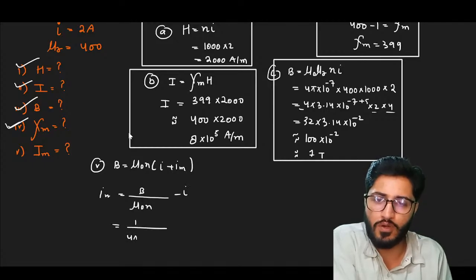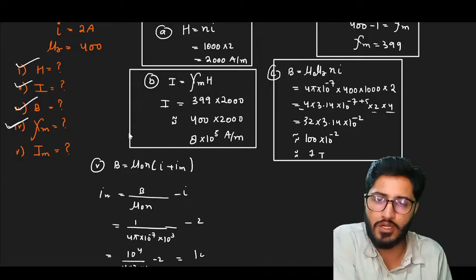Mu naught is 4 pi 10 to power minus 7. N is 1000, 10 to power 3, minus I. I is 2, right?